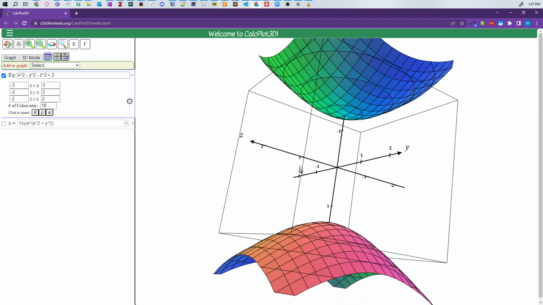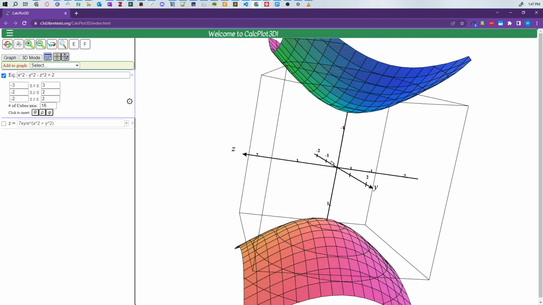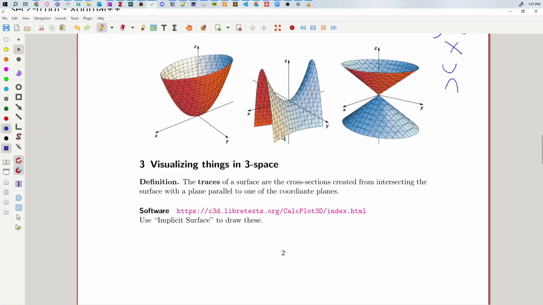So that's nice. The reason this is called implicit is that we're not solving for any of the variables to make it into a function of one variable in terms of the other variables. That's what the word implicit means. Okay, coming back to the document.